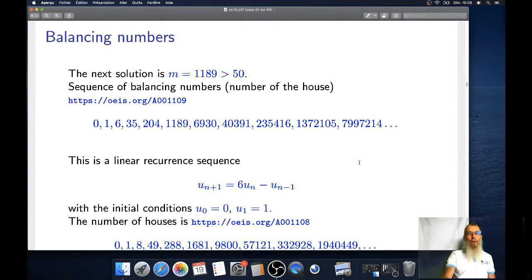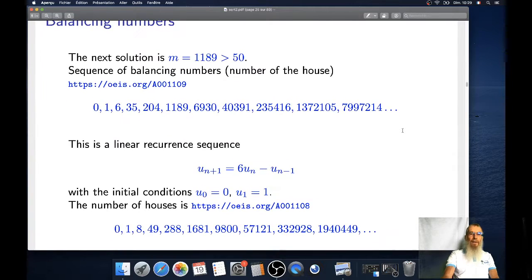Now there is a way to compute the sequence of solutions, which are given by the street number, the number of a house. The sequence of numbers is called the sequence of balancing numbers. It starts with 0, 1, 6, 35, and 204. And we have an infinite sequence. It's not clear whether Ramanujan knew how to compute this sequence, but there is a very simple way to compute it.